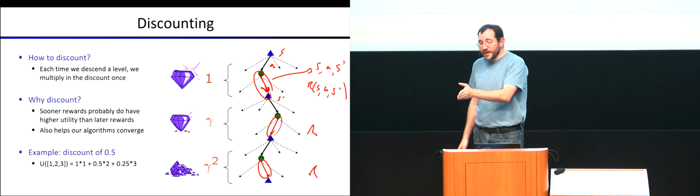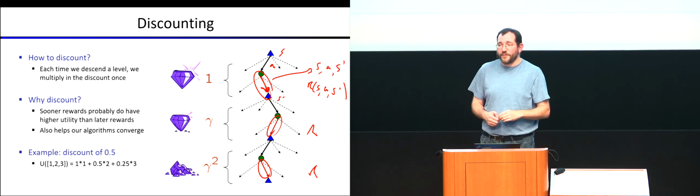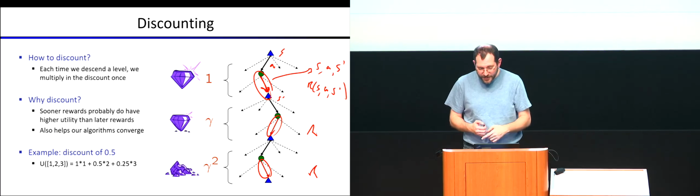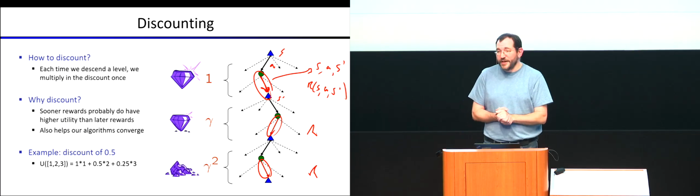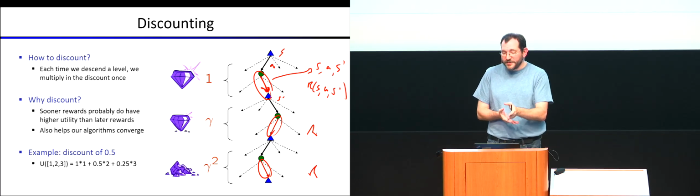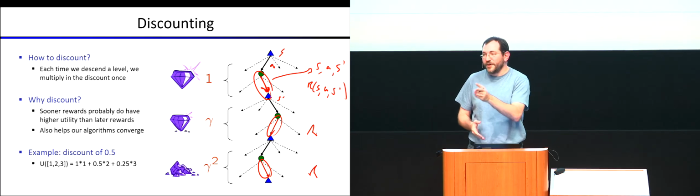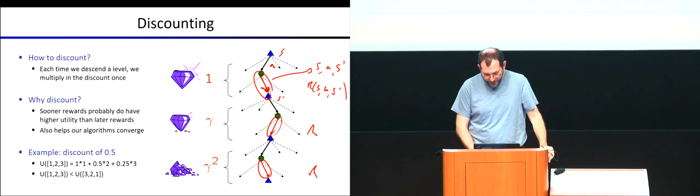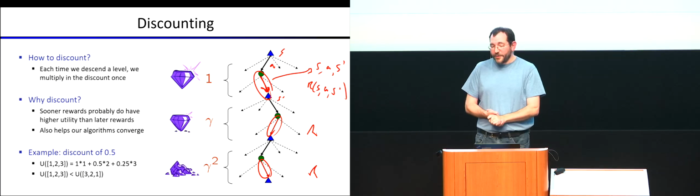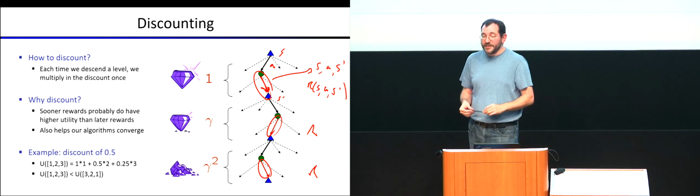And then on the third time step, you get a 3, but it's been hit with that discount twice, so it's only worth a quarter of what it would have been worth at the current time step. And so the sum here isn't 6, it's much less. And that 3, even though it's the largest number, is actually worth less than the 1 at the next time step. Okay. So if you look at this, among other things, this means that 1, 2, 3 is not as good in utility as 3, 2, 1.